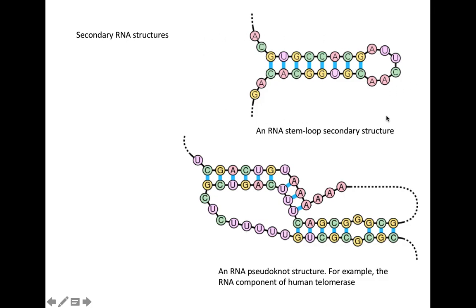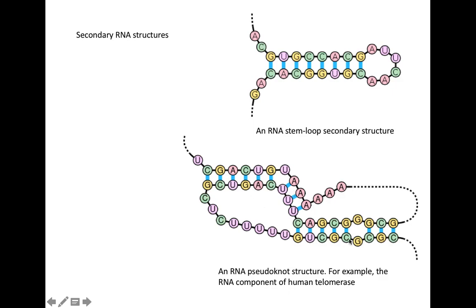In the same fashion, you can also come across another type of structure in the RNA molecules. This is an RNA pseudoknot structure, rather than a stem loop structure.